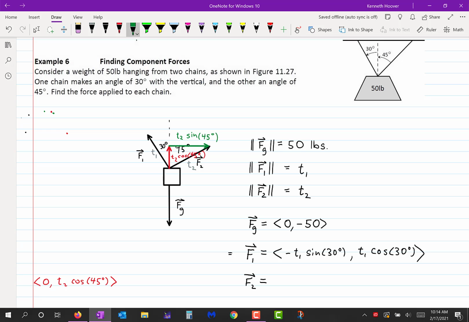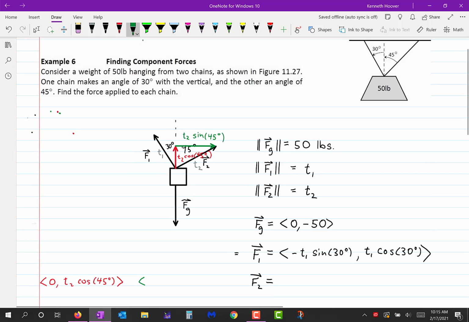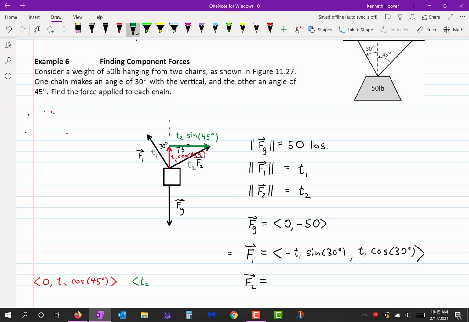So that green vector is the vector T2 sine of 45 degrees, comma 0. And we add those two together to get F2, and that is going to be the vector T2 sine of 45 degrees, comma T2 cosine of 45 degrees.